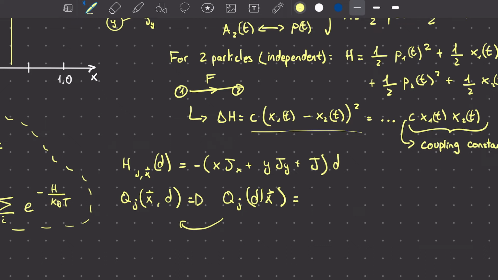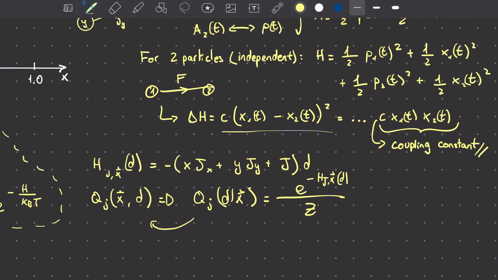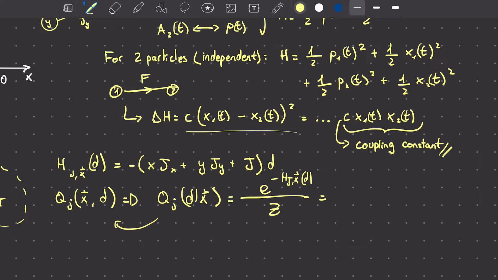So this, as a first step, because we're trying to make a Boltzmann distribution here, is going to look like e to the power of the Hamiltonian we came up with just a second ago, and we're just going to divide it over the partition function, right?